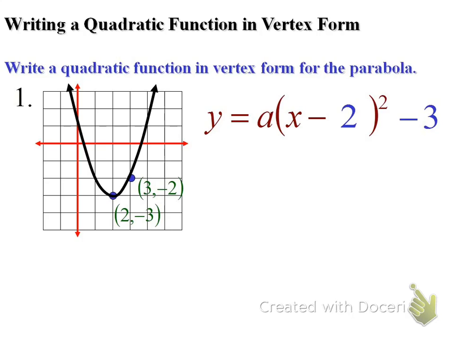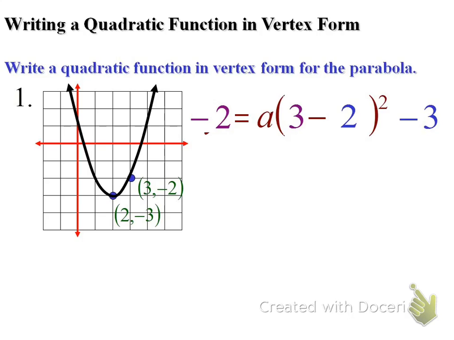Do we know anything else? What's this number? An x, right? So we could replace the x with the x value of the point they gave us, and the y with the y value of the point they gave us.